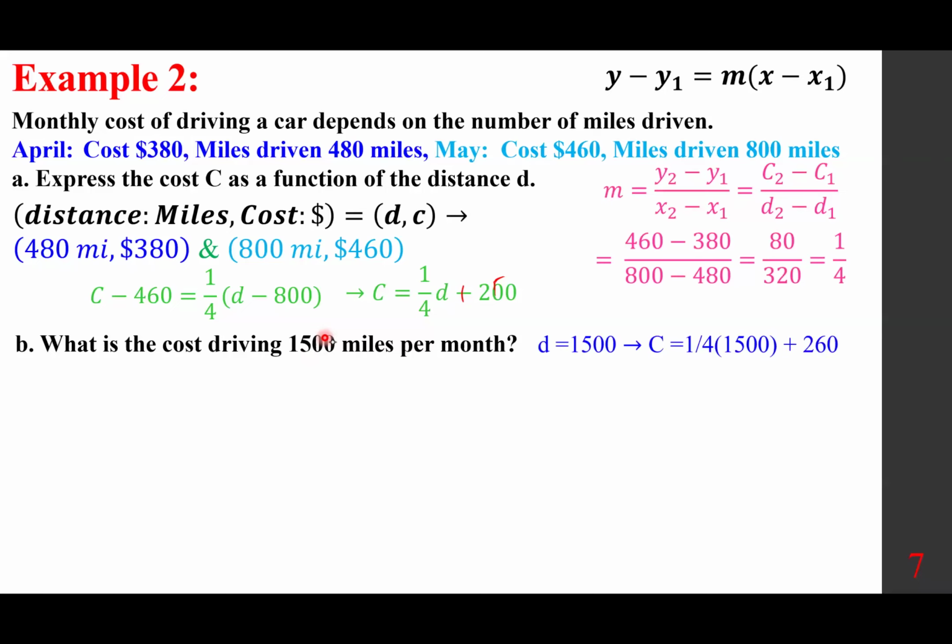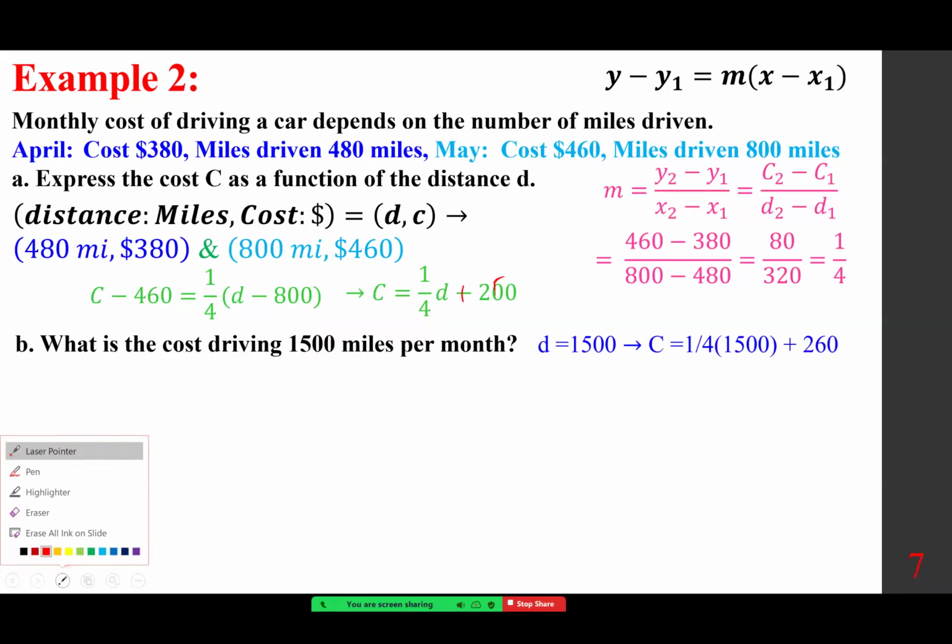So one-fourth of 1,500, we get 375 plus 260, $635.